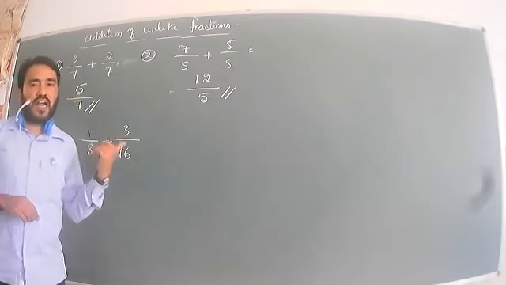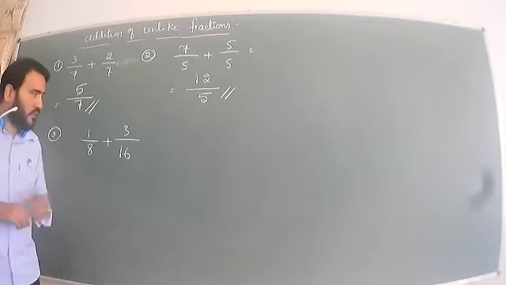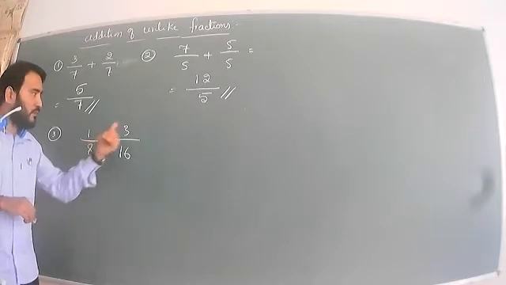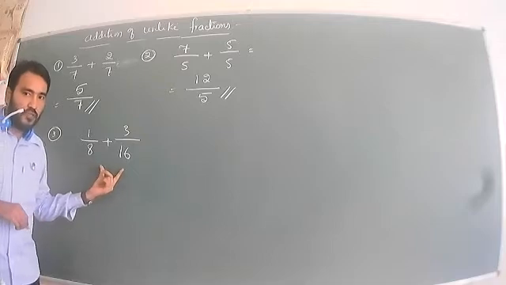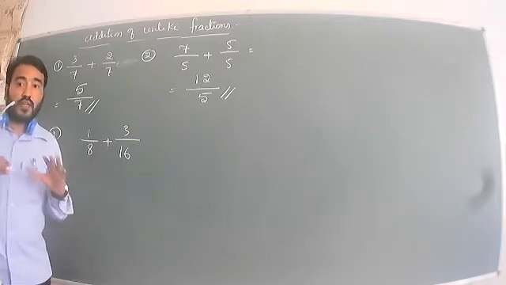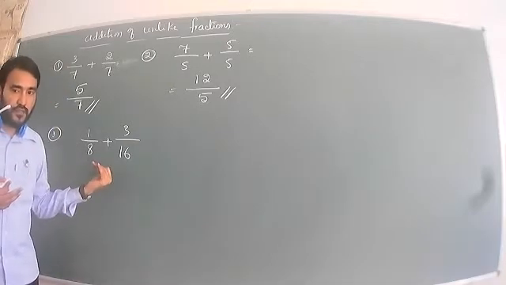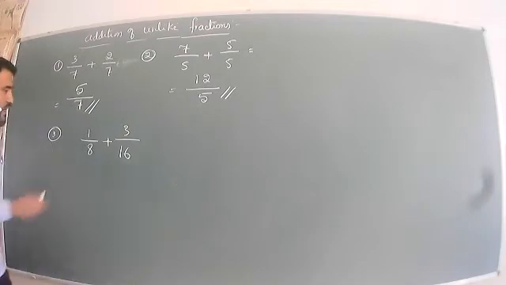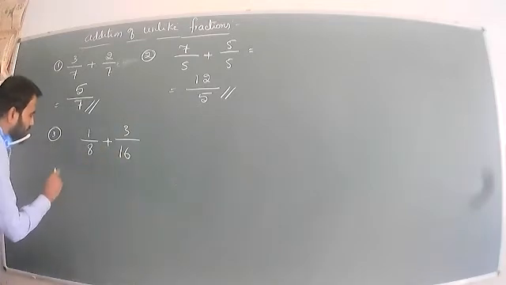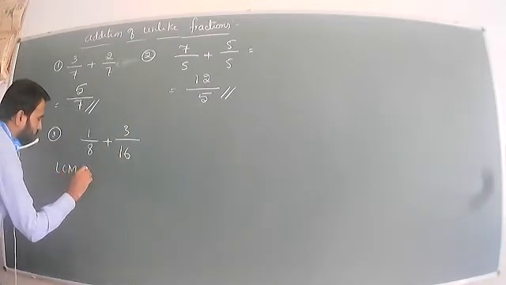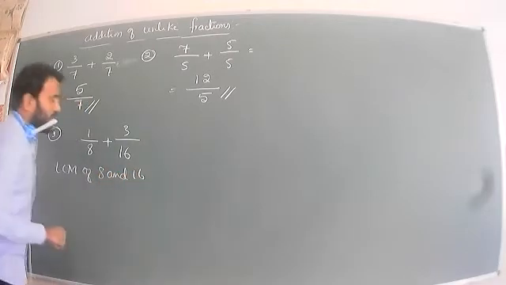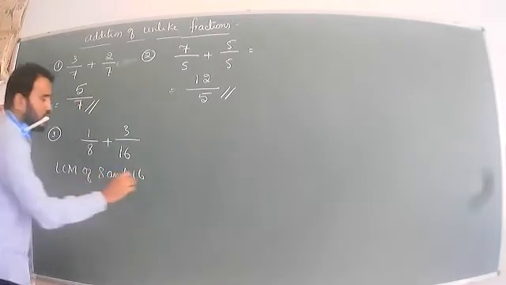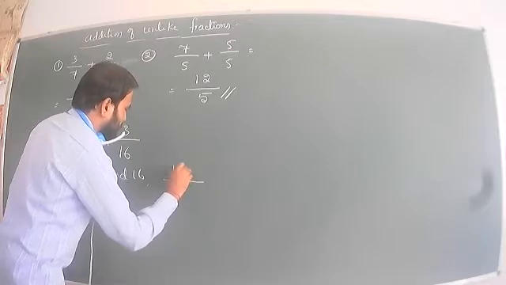So how do we add unlike fractions? Here, 1 by 8 plus 3 by 16. This type of fractions we can take. We know that we convert to like fractions by taking the LCM of the denominators 8 and 16, using the division method.